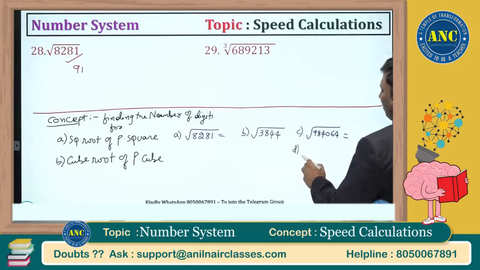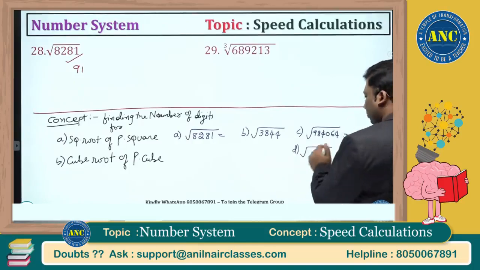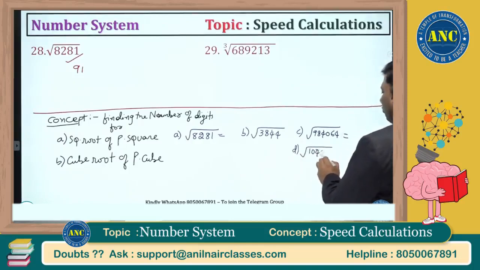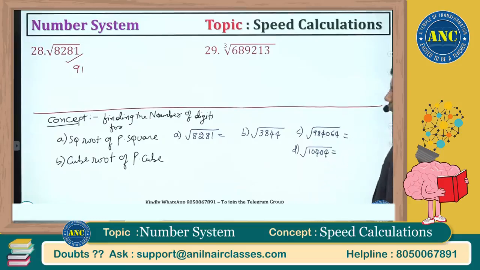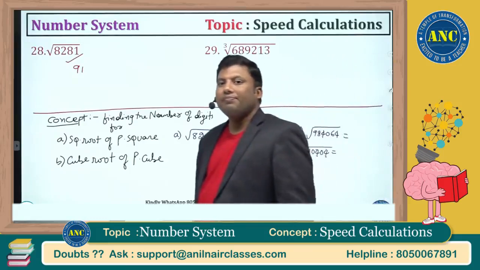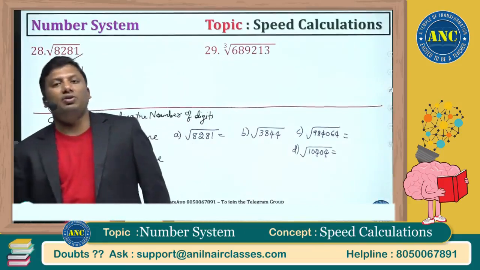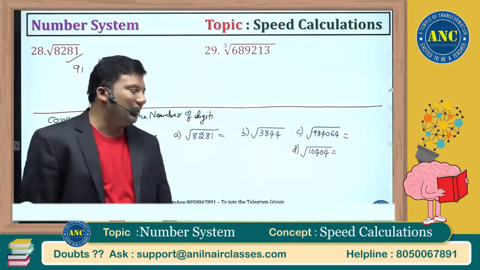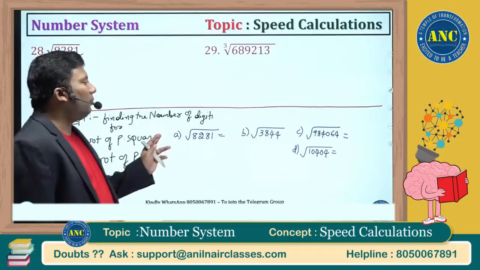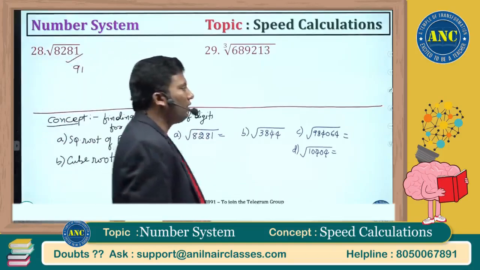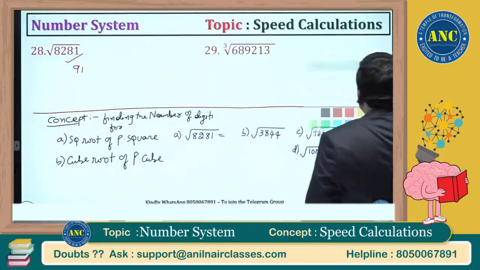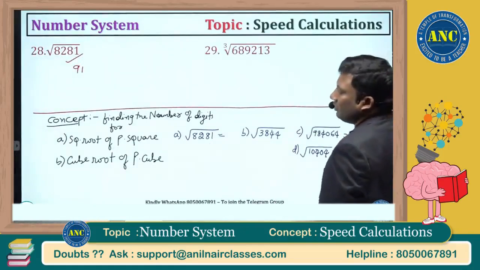One more example, 10404. He is not asking you the answer. He is asking you how many digits are there in the square root of this number.